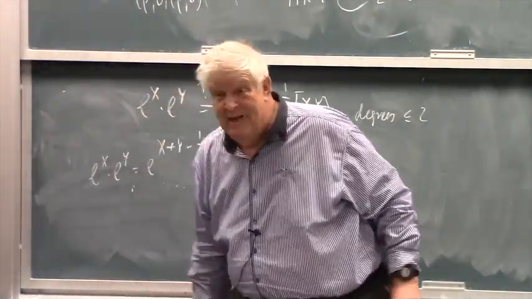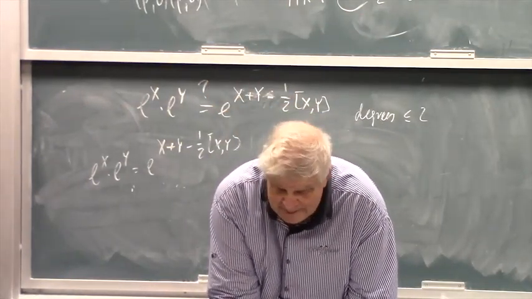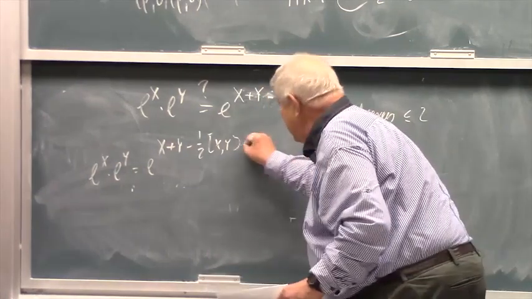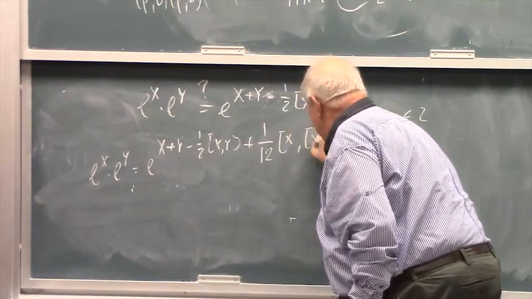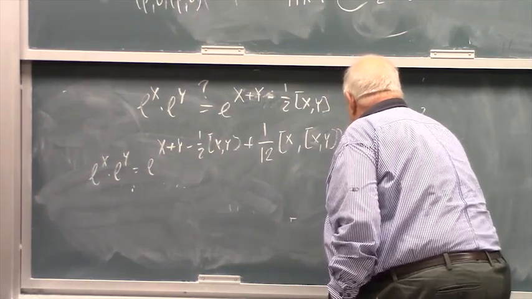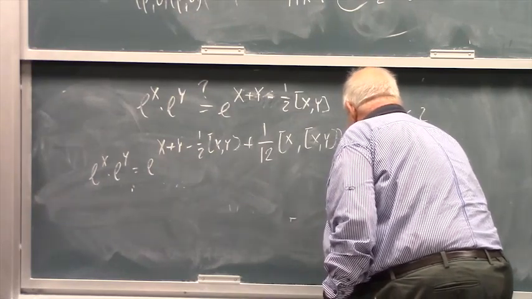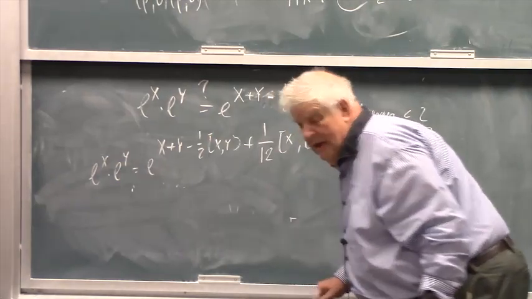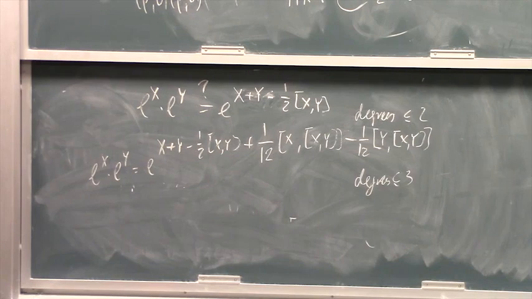We don't have much choice. What are the terms of degree 3? This is the commutator of x with the commutator of x and y, and the commutator of y with the commutator of x and y. And this is what we get. You should add 1/12 of this and subtract 1/12 of that, and this equality holds in degrees 0, 1, 2, and 3. In degree 4, certainly if you want this, you need to add something else.